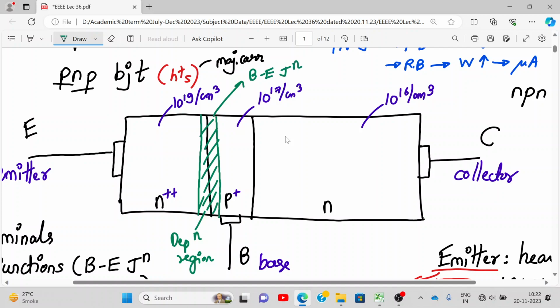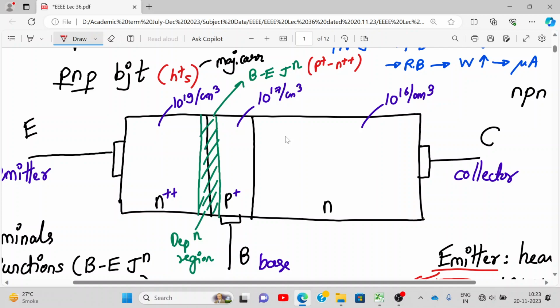We call it a PN junction, right? So here we have between base and emitter a PN junction. Understanding? Now we have another PN junction. This PN junction is P plus and N plus plus. So here we have P plus and N plus plus, depletion, PN junction formed.